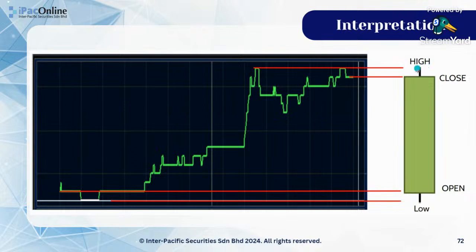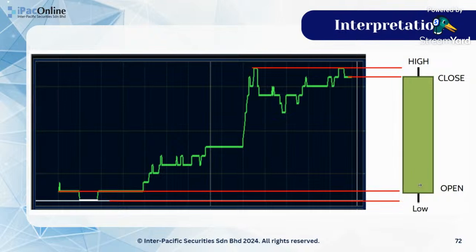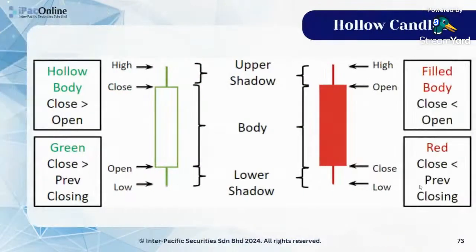So that's why it has a very short upper shadow and lower shadow, and a very long green body candlestick. So it's really easy to understand candlesticks. Basically, it's telling us the open, high, low, close for the day.